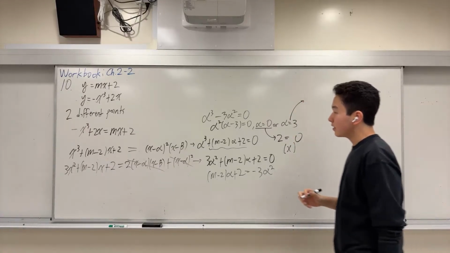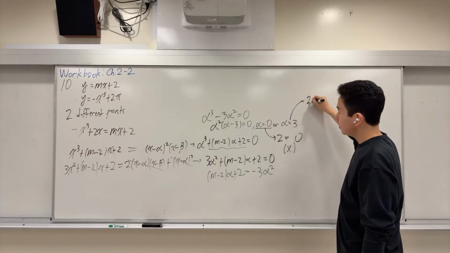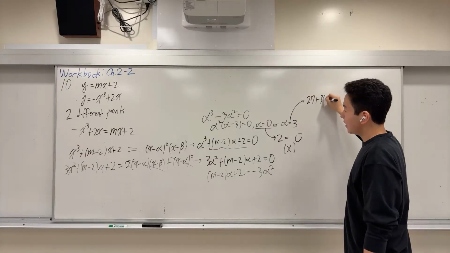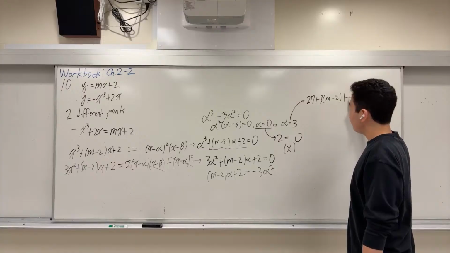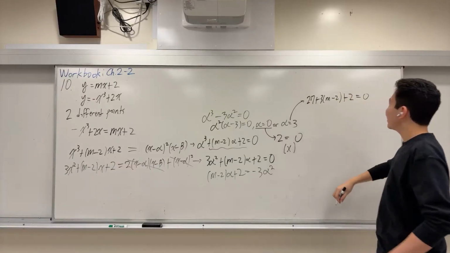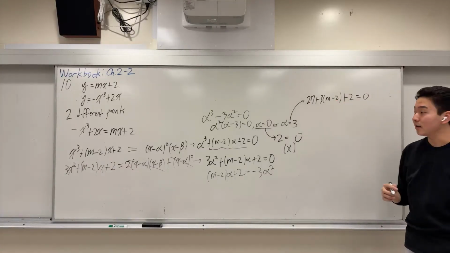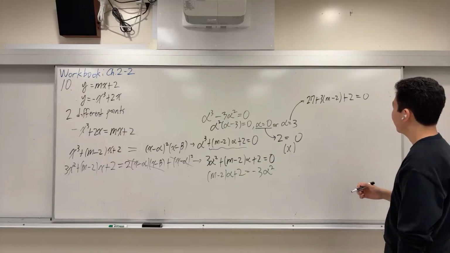If we plug in 3, we'll get 27 plus 3 times (m minus 2) plus 2 equals 0. And now we get a valid equation that we can solve for m. Cool.